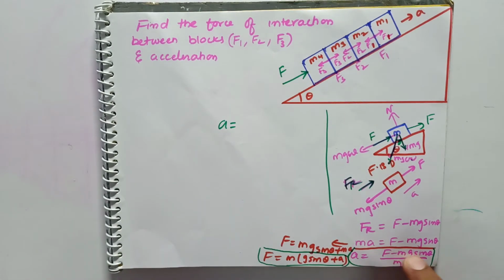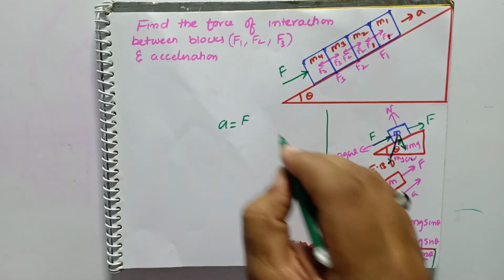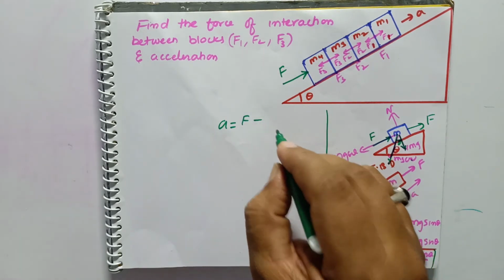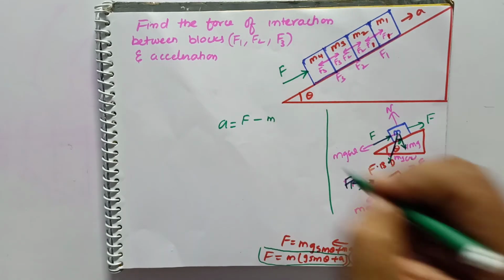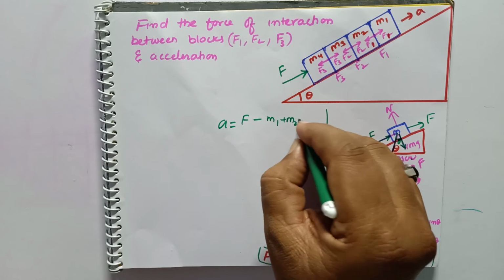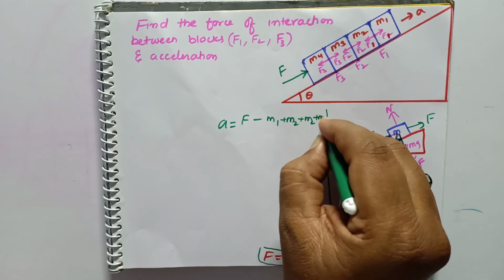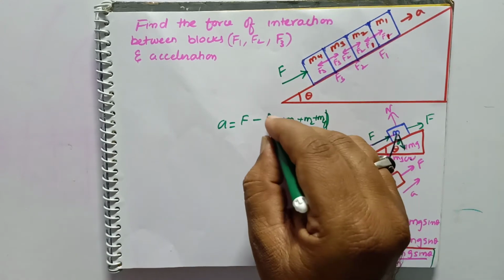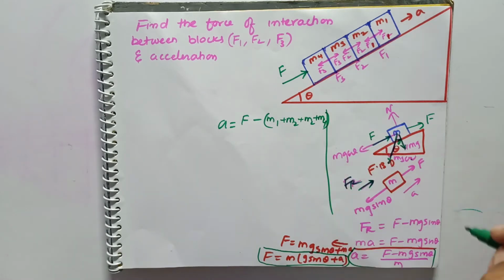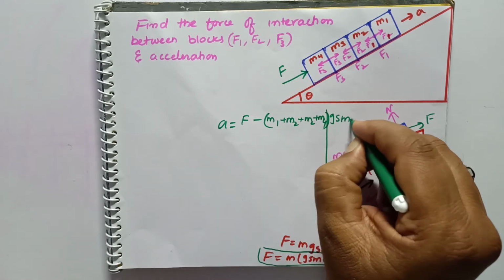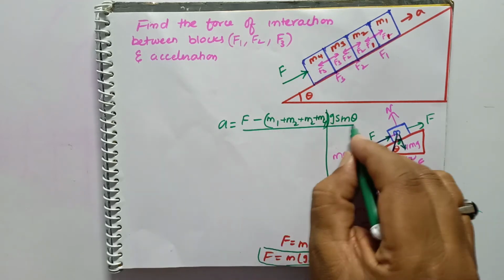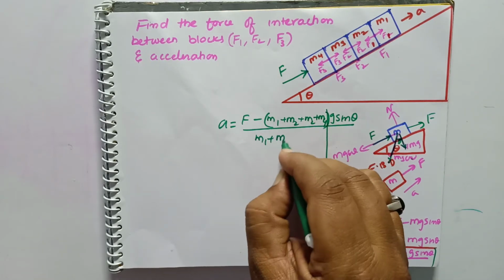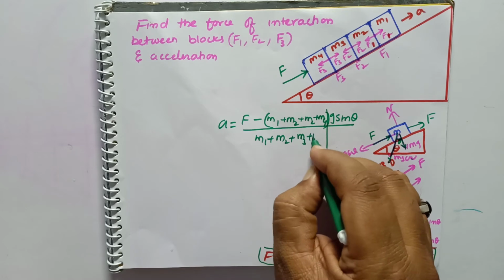Here also you take capital F, but here you have to subtract m1 plus m2 plus m3 plus m4, into g sine theta, and the whole divided by m1 plus m2 plus m3 plus m4 here.